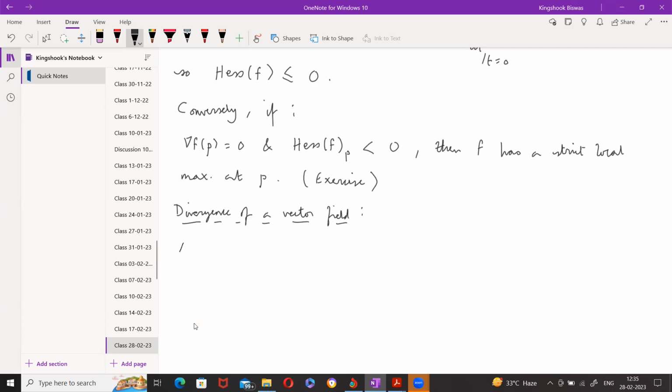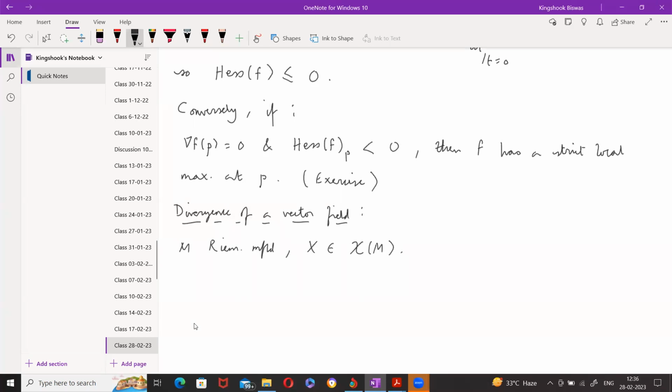So M is a Riemannian manifold, and say X is a smooth vector field on M. The divergence of X is going to be a smooth function on the manifold.